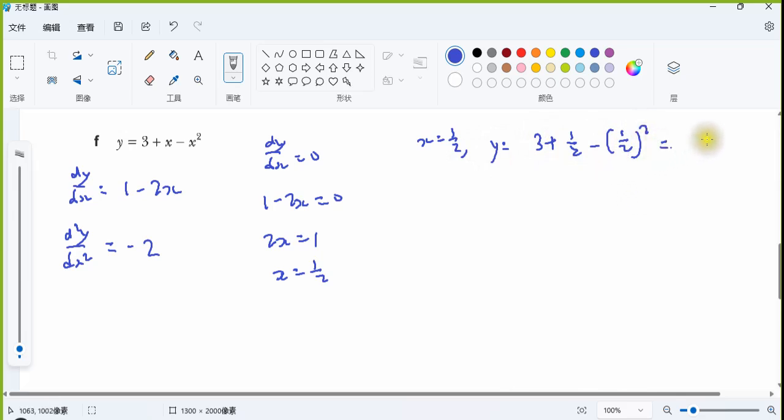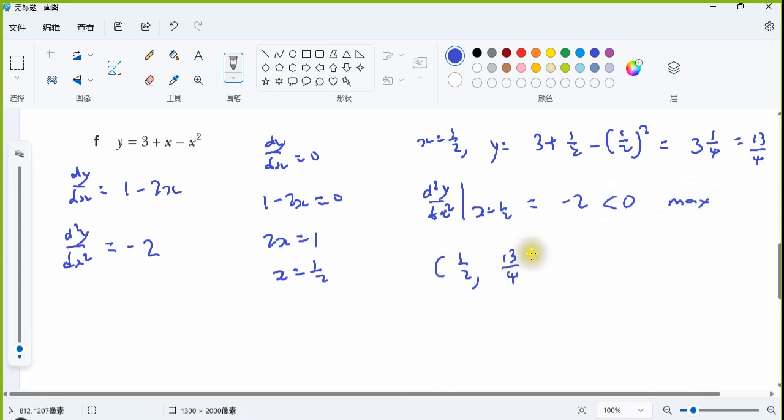Then this is 3 and 1 over 4, or 13 over 4. And the second derivative when x equal to half is negative 2, less than 0, it is a maximum point. So we have (half, 13 over 4) is the maximum point.